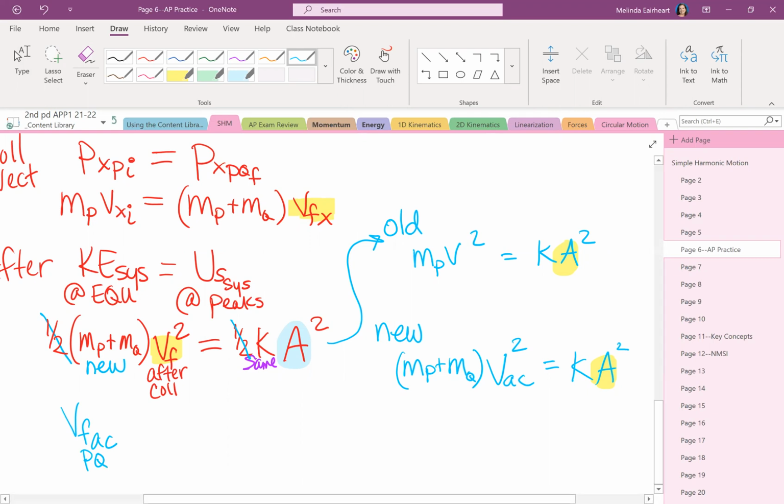If I solve that momentum equation for V, it would be VF, and I'm going to call it VF of PQ, whatever subscripts you need to know what speed you're talking about. It would be MP V initial over the system mass.